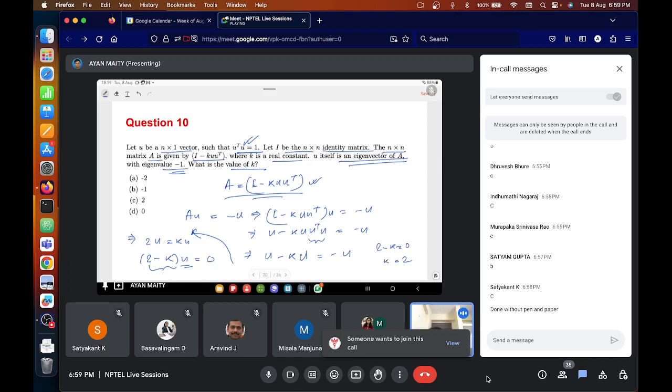So the eigenvector and eigenvalue for A are given, and from that information you can compute everything. So k is 2, which is option C. Many of you have written option C in the chat, so this is correct.